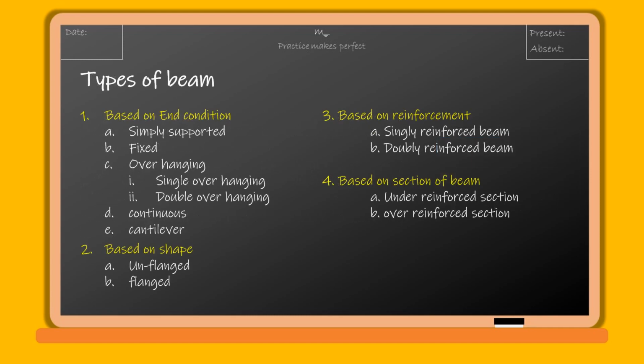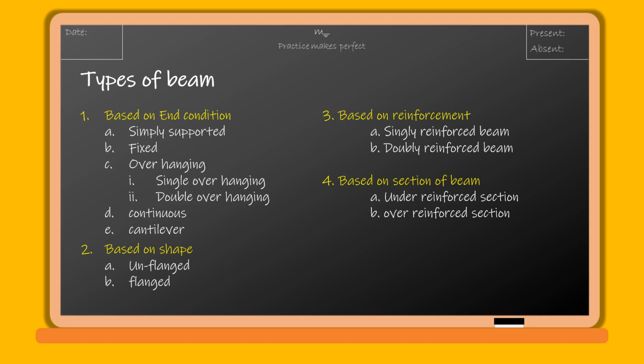There are several types of classification in beam, based on the construction materials and method of design. Based on end condition: simply supported, fixed beam, overhanging, single overhanging, double overhanging, continuous, and cantilever beam.